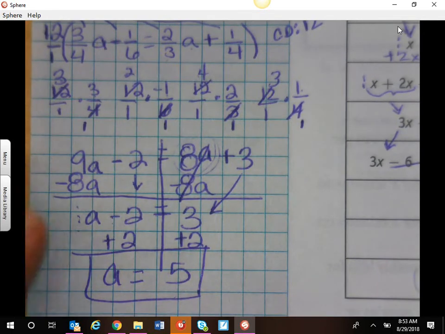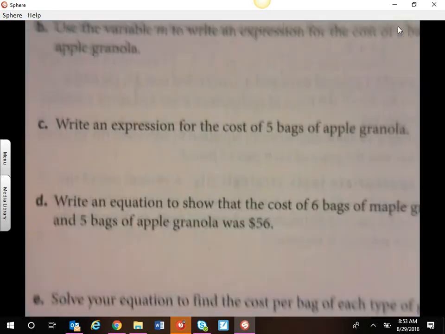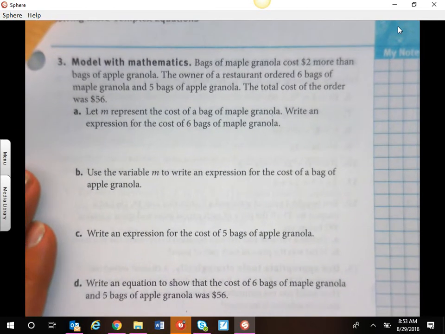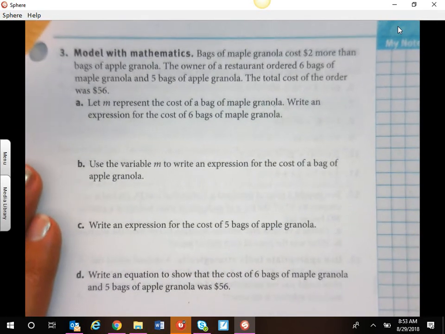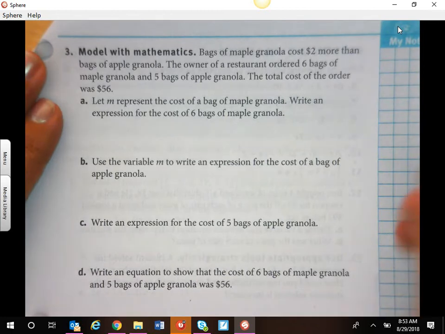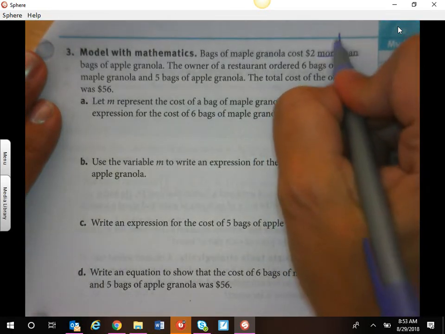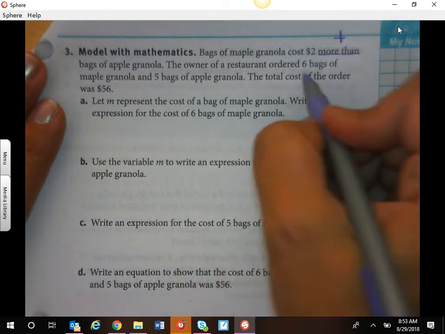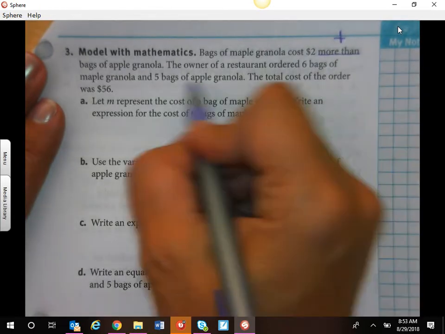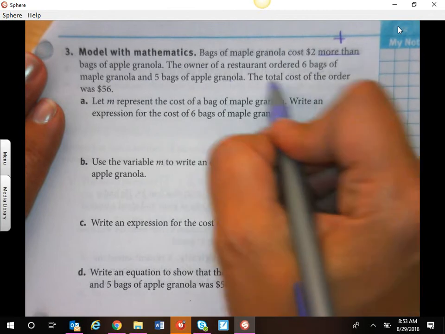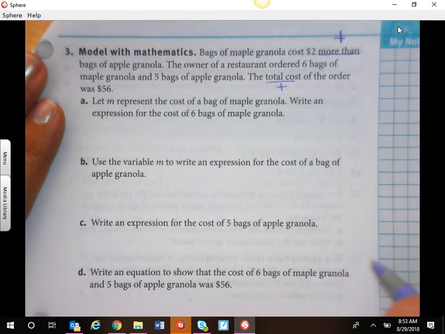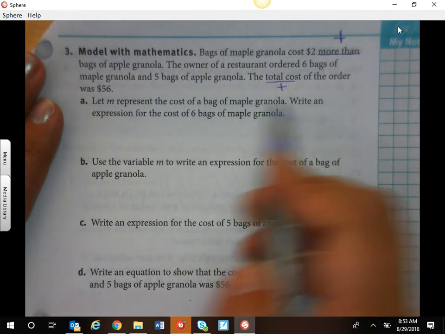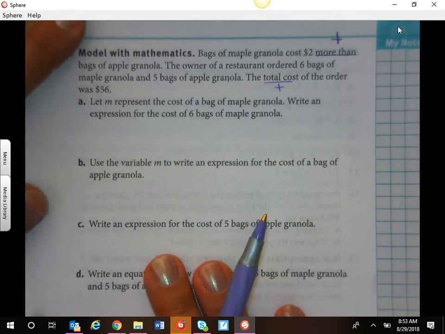So let's look at this in a word problem format. I'll zoom out a little bit so we can see the whole thing. Bags of maple granola cost $2 more than bags of apple granola. Owner ordered 6 bags of maple and 5 bags of apple. The total cost was $56. So what we need to do is, before I even look at this, make a couple of notes to myself.